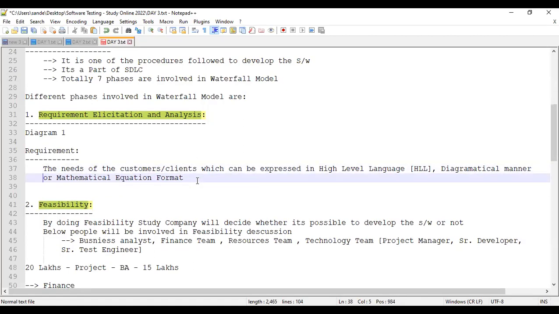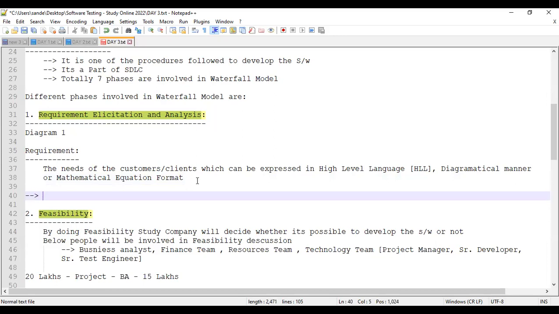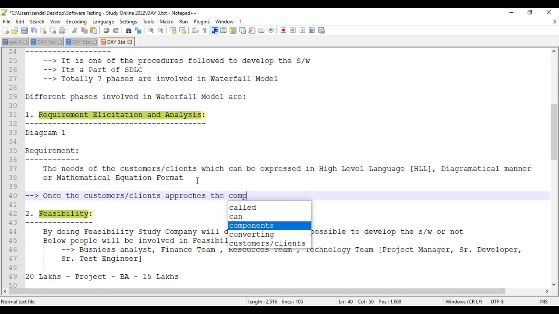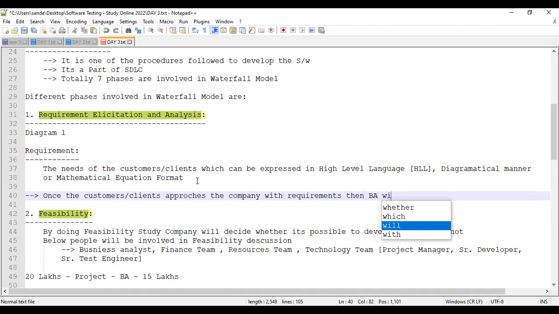Next point, please observe. Once the customer or clients approach the company with the requirements, then the business analyst will elicit, and elicit is also called what?